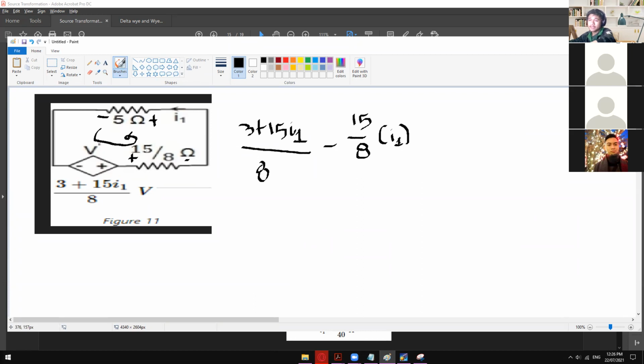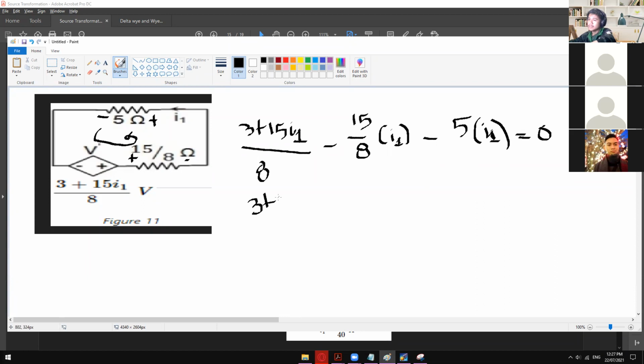Okay, because we only have a single current in here. Minus 5 I sub 1. Ito yung I sub 1. Okay, is equal to 0. And then as you guys can see, we can actually combine these two since they have the same unit.